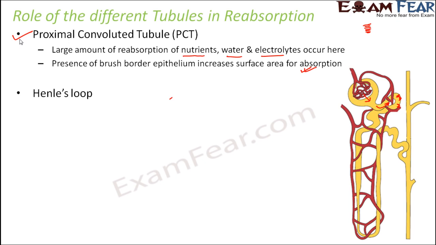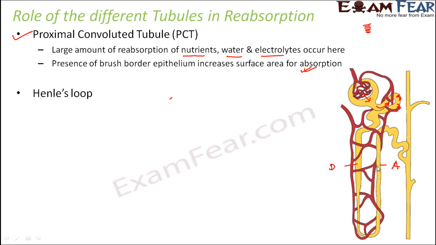The next one is the Henle's loop. As I said, Henle's loop has a descending loop and an ascending loop. There are two characteristics of these two loops. The descending loop is permeable to water, that is, it allows passage of water, but the ascending loop does not allow passage of water.